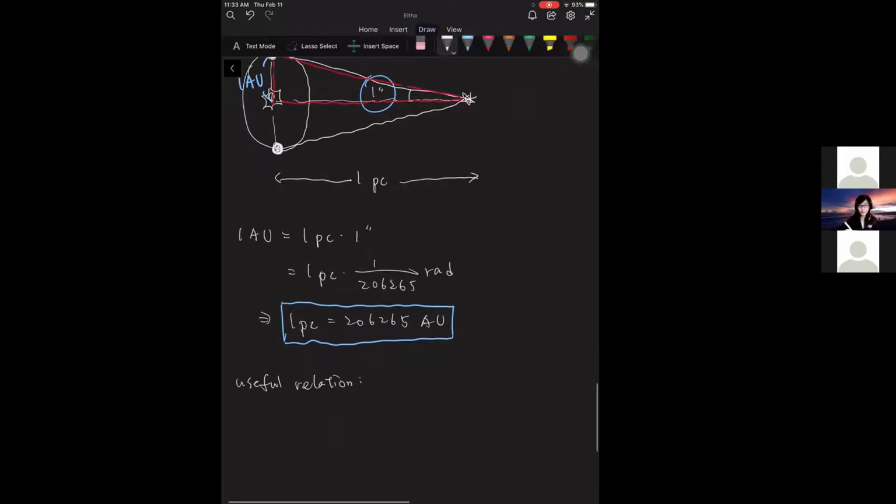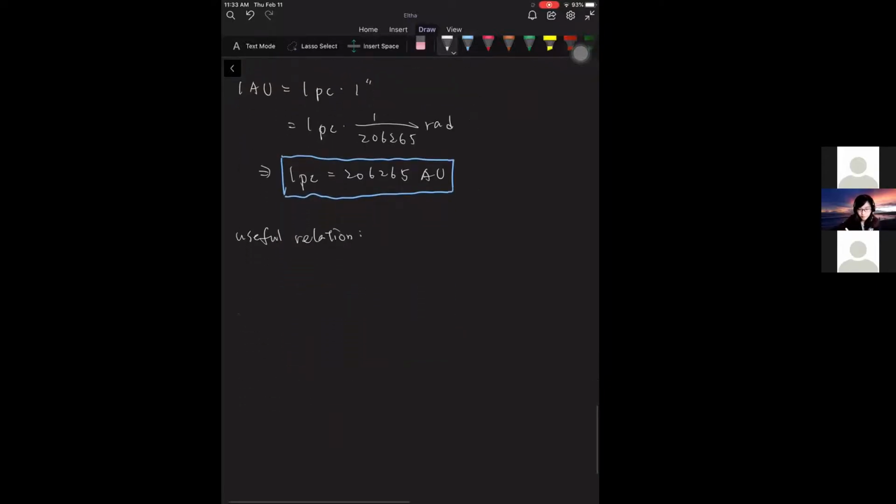That is, if we have an object at a certain distance, let's say d parsec, then for that object, 1 arcsecond in our point of view would correspond to a linear size of d AU. So let's say we have a galaxy at 10 megaparsec.